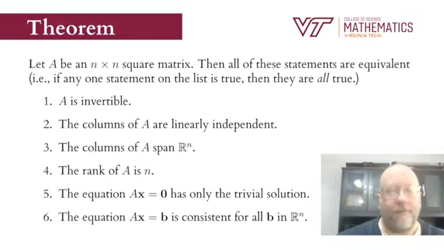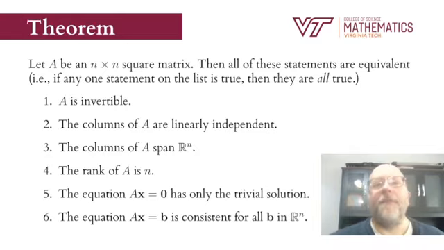And here's our theorem. All of these statements are equivalent. That is, if any statement on the list is true, all of these are true. They all mean the same thing. The first one says that A is invertible.